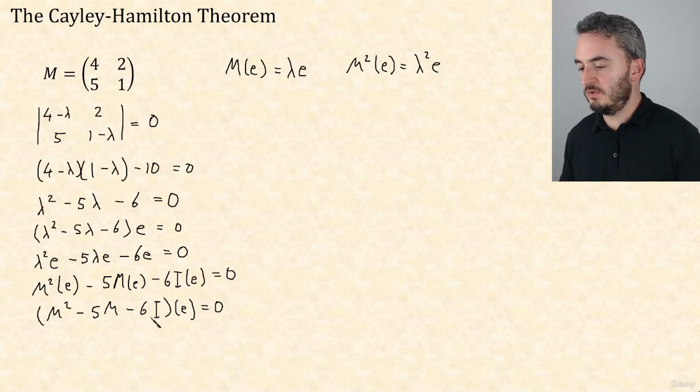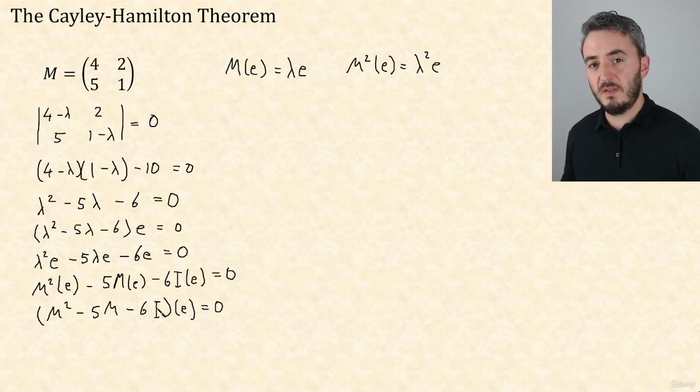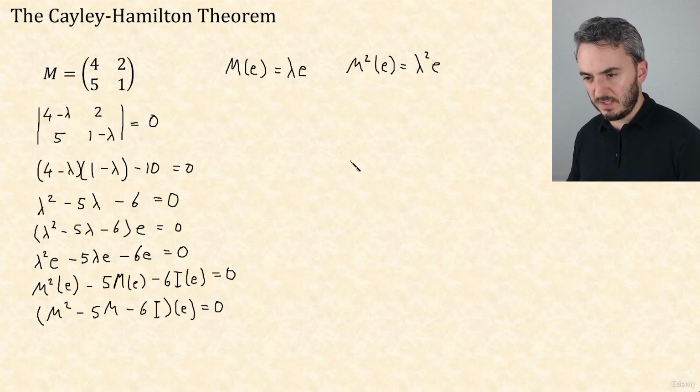Okay, now here's the interesting part. What does this mean? This means we've got this matrix here, which when applied to e gives us 0. Now, this is a matrix, and matrices can crush lots of different vectors down to 0, and that doesn't really prove anything about that matrix. However, it does this to both of the eigenvectors of this matrix.